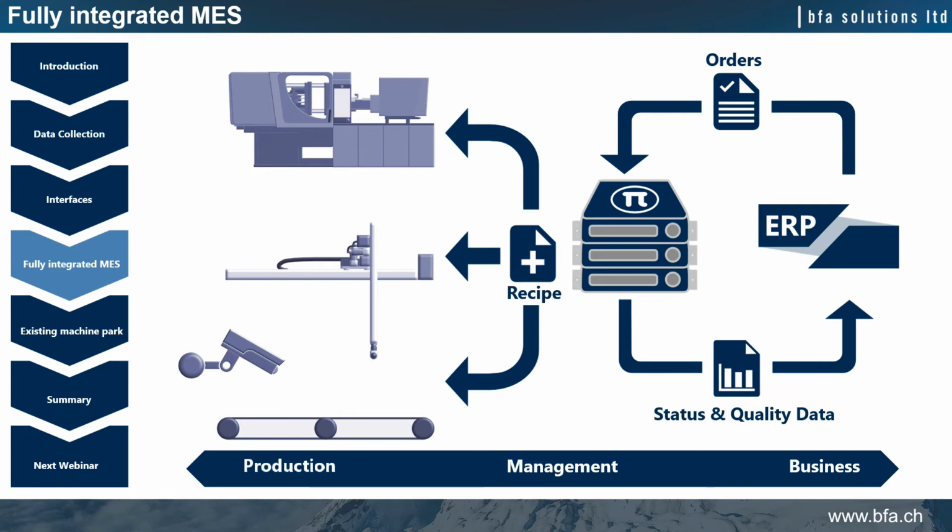Here is a typical workflow animation. This shows an order sent from the business level to the MES server. We then send the required recipe or dataset to the injection molding machine and the peripheral equipment.